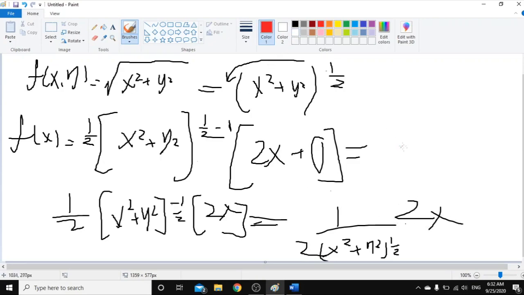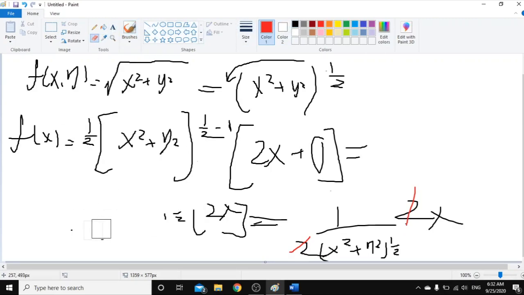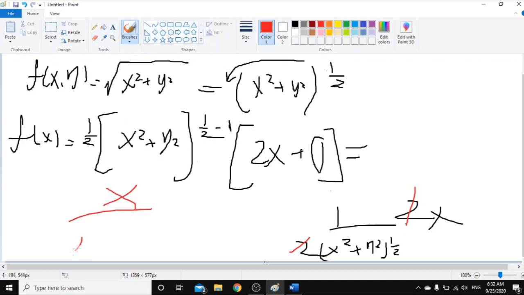We can cancel the 2 from the top with the 2 on the bottom, and what's left, the final answer for this equation, is x over x squared plus y squared to the 1 over 2. And this is the final answer with respect to x.